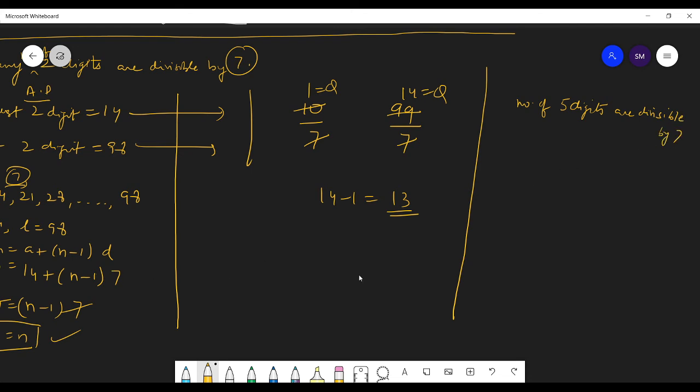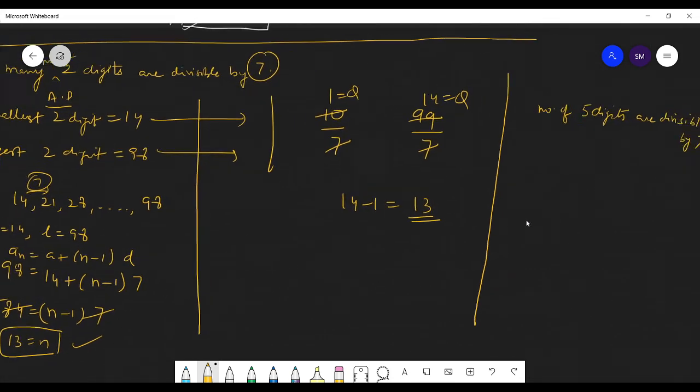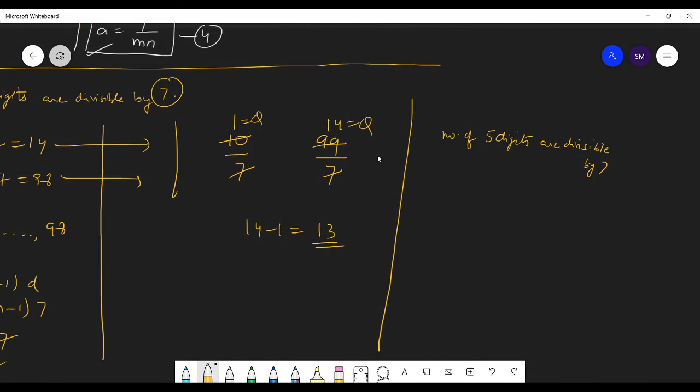Now if you do this question in the normal way, it will take a lot of time. So instead of that, directly write the smallest 5 digit number, this. What is the largest 5 digit number, this. Divide both of them by 7. So what do you get here?